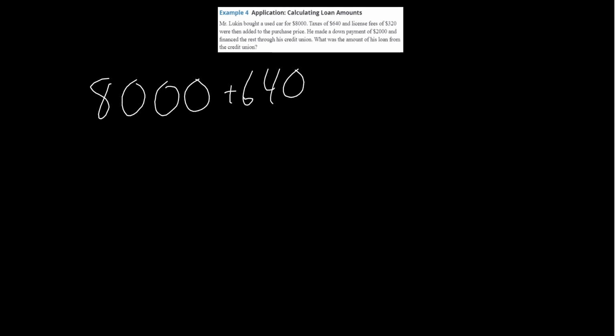Okay, so this seems pretty easy. He bought the car for $8,000. He paid $640 in taxes and a license fee of $320. He made a down payment of $2,000, so minus 2,000.